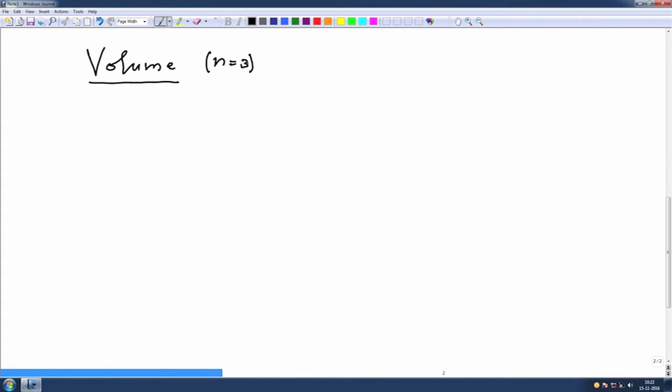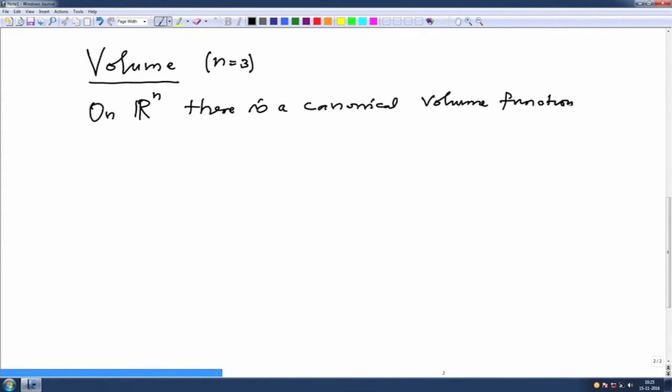In general, the term used is what is called a measure. So, on R^n there is a canonical volume function. What does that mean?